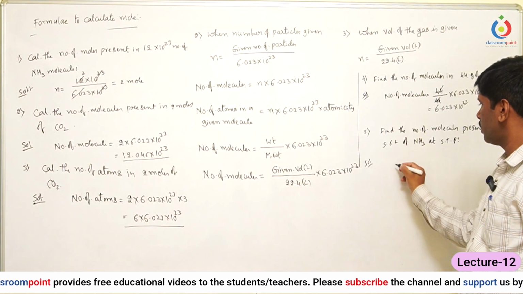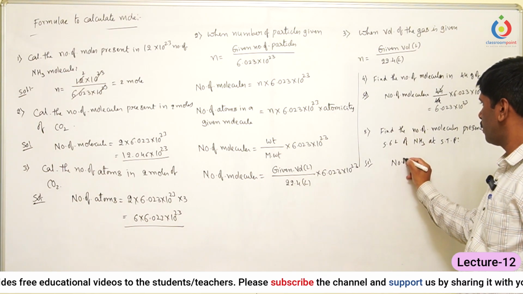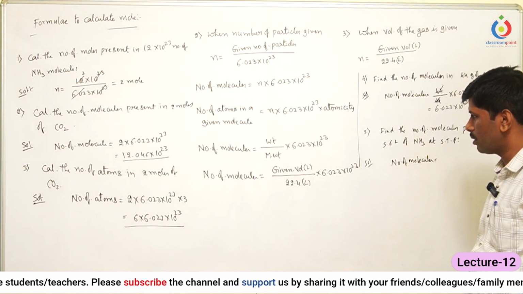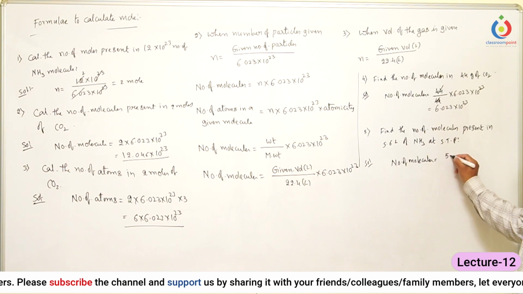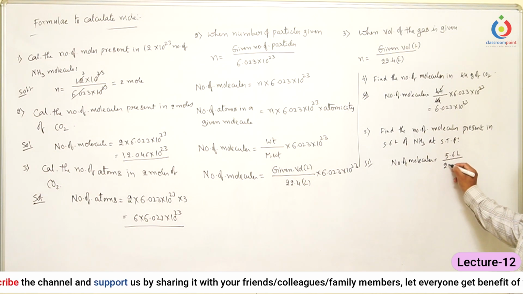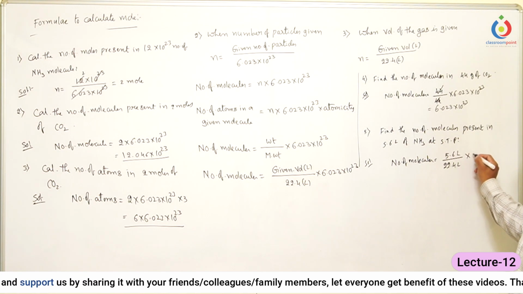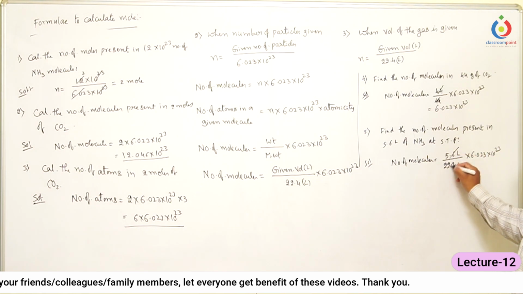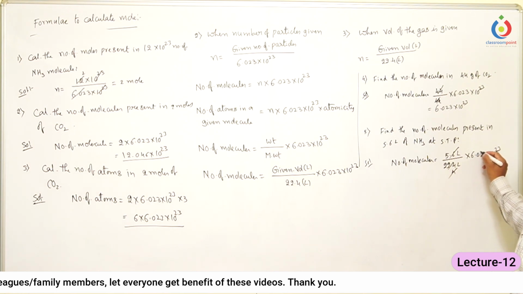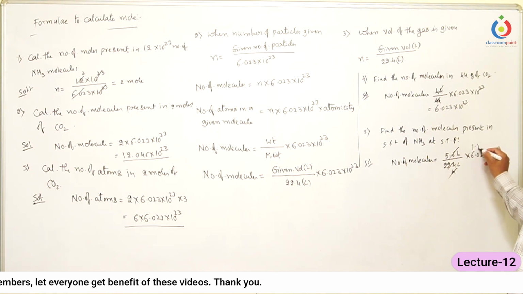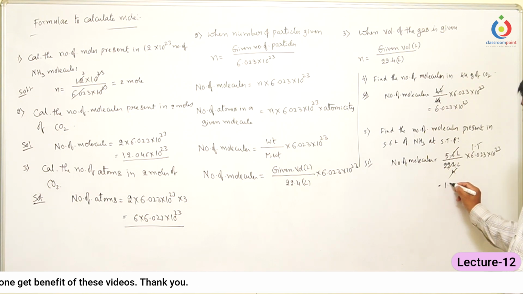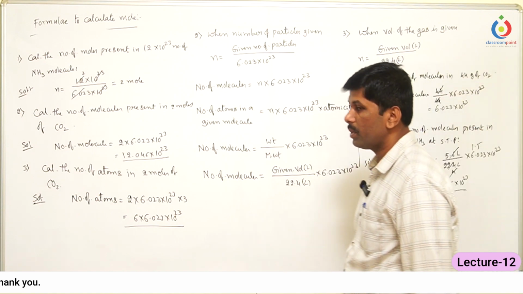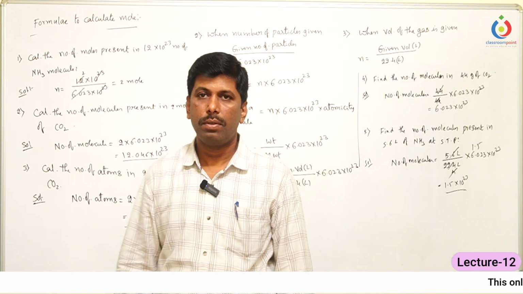So the solution for this: number of molecules is equal to, given volume 5.6 liters, STP volume 22.4 liters, into 6.023 into 10 power 23. It goes 4 times and it gives 1.5 approximately. So 1.5 into 10 power 23 number of ammonia molecules are present in the 5.6 liters of ammonia.